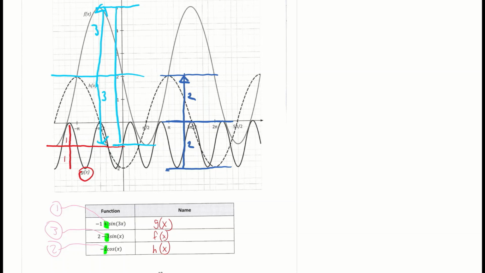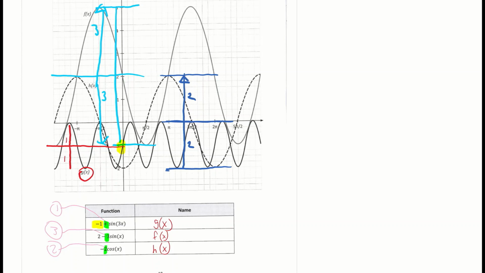Now there's different ways of looking at that. You can also look at the -1 and the 2 in front of the sine functions. That just tells you that it's transforming or shifting your function up and down the y-axis. So let's just do one of them here, the -1. You can see that the g of x function is crossing the y-axis at -1.